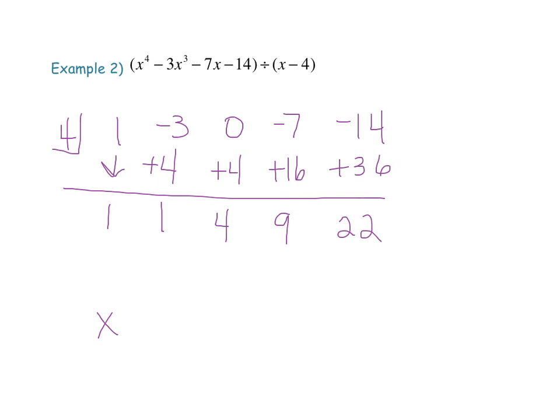Remember, we start out with 1 power less than the original. So it will be x to the third power plus 1x, or plus x to the second power, plus 4x plus 9 plus 22 over, or divided by, x minus 4.